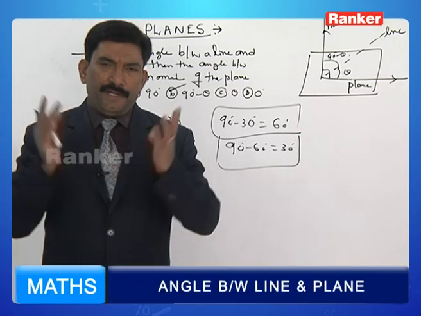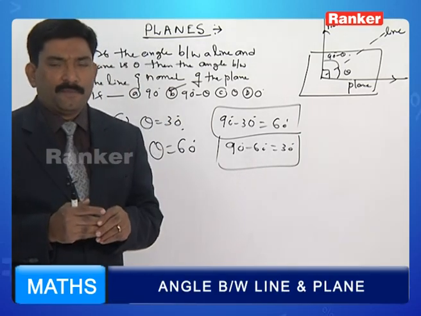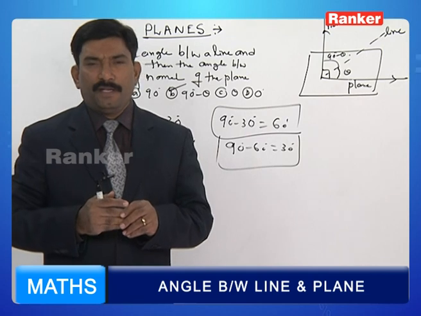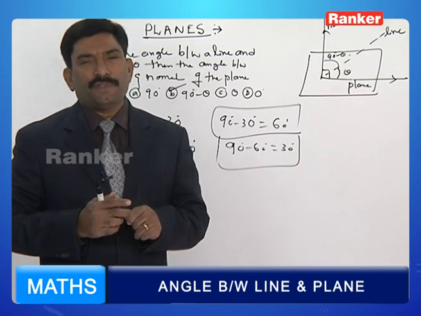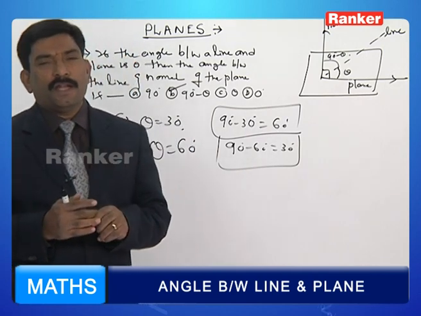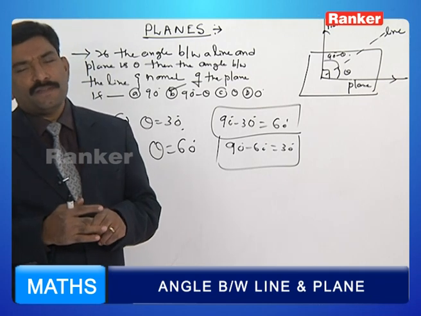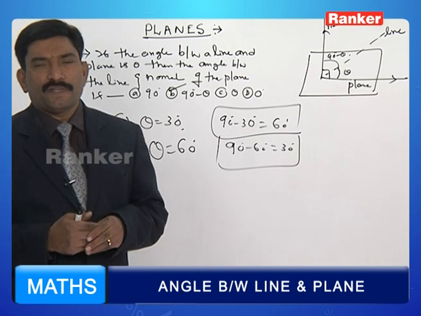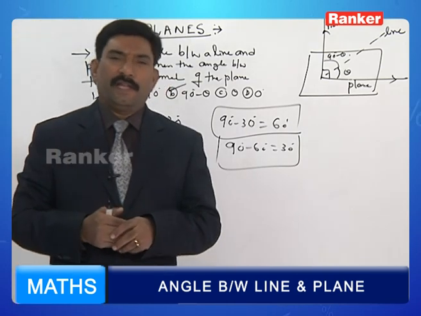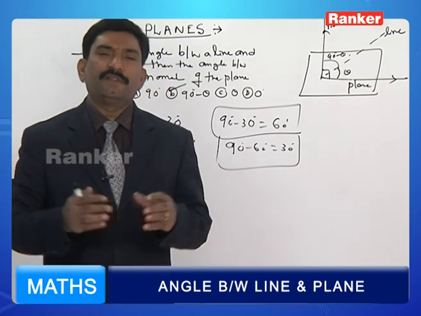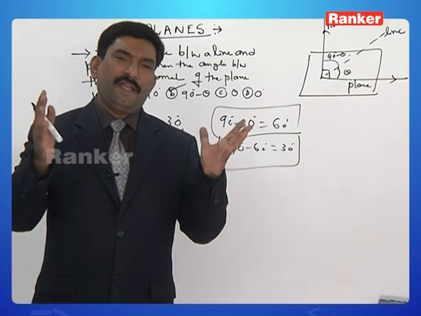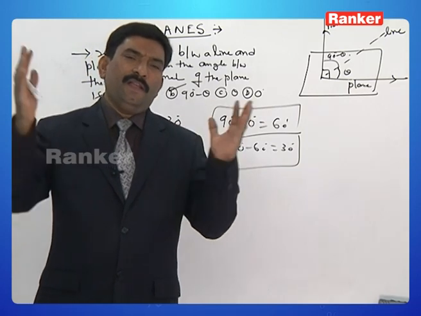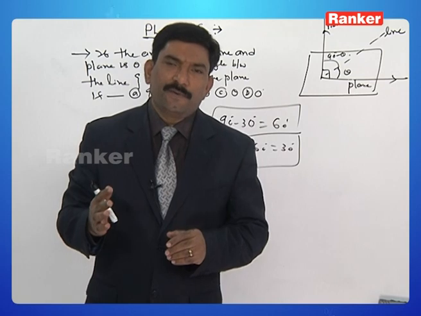If theta is the angle between a line and a plane, it goes without saying that the angle between a line and a normal is 90 minus theta. If theta is 30, the angle is 60. If theta is 60, the angle is 30 degrees.